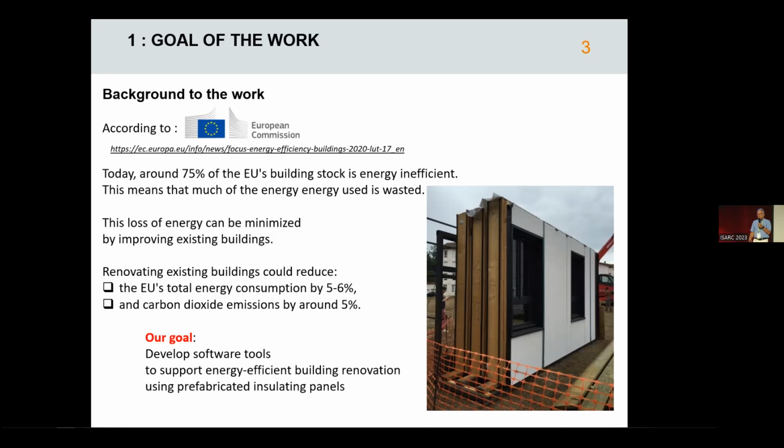So the goal of the whole project, ISOBIM, is to develop a software tool to support energy efficient building renovation using prefabricated isolating panels. This means that all this is achieved off-site, and we want to minimize on-site work.